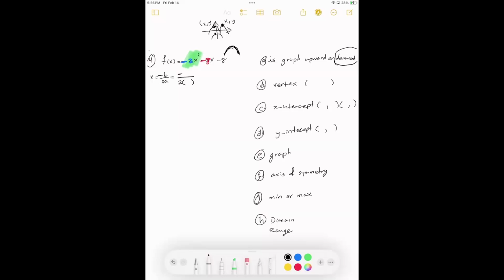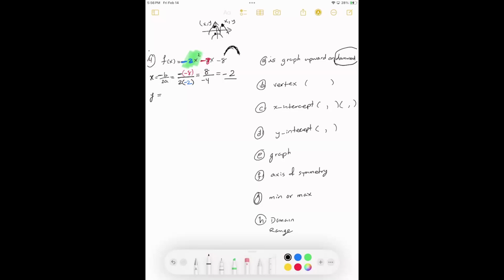Your a is negative 2, your b is negative 8. Negative, negative is positive. Positive times negative is negative. Positive over negative is negative. You get negative 2. So x gives you negative 2.